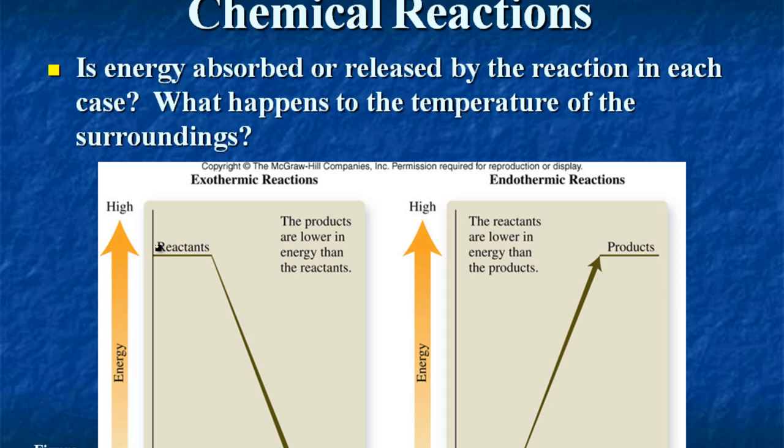So if you look at this graph, this is the energy graph where this is the low part, this is the high part. Now all exothermic reactions, so far what we discussed, we can say that the reactants are at a higher energy level, and when the reaction occurs, the products which are forming are at a lower energy level.